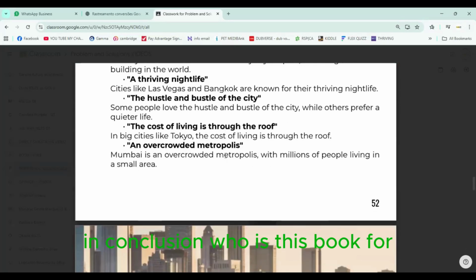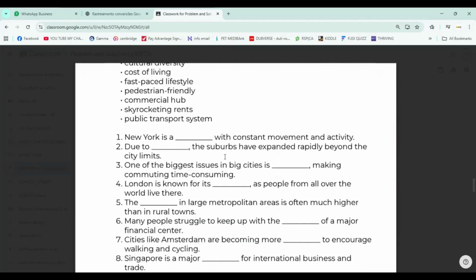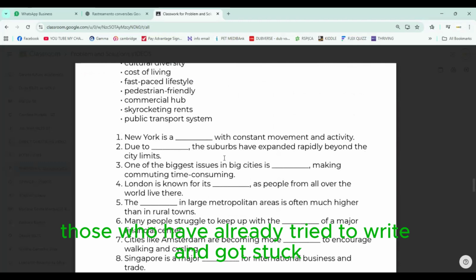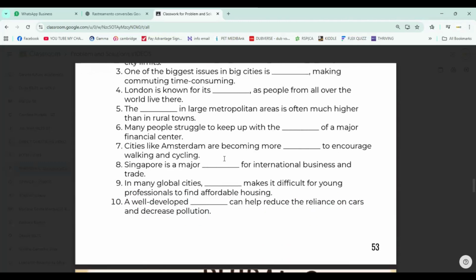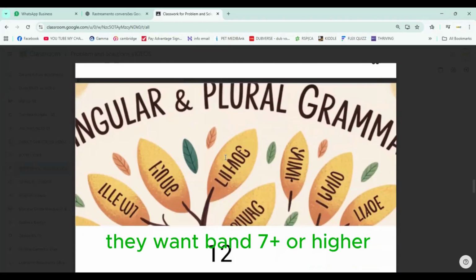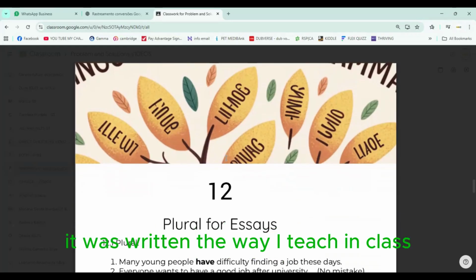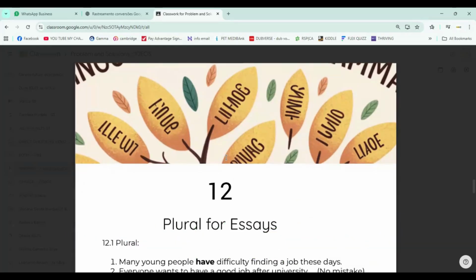In conclusion, who is this book for? This book is for those who have already tried to write and got stuck. They know English but don't know how to structure. They want band 7 plus or higher. They want to understand the reason behind things. It was written the way I teach in class.